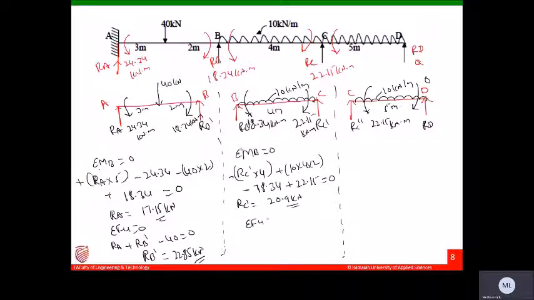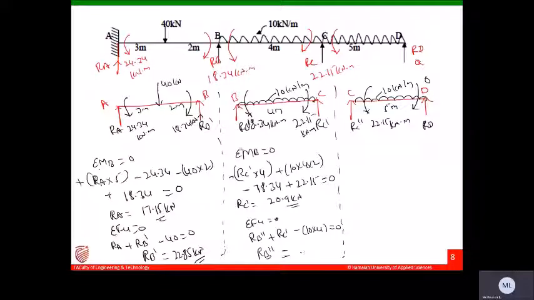Similarly, if you take sigma Fy equals to 0, RB double dash acting upward plus RC dash minus of 10 into 4 equals to 0. Then find out RB double dash.